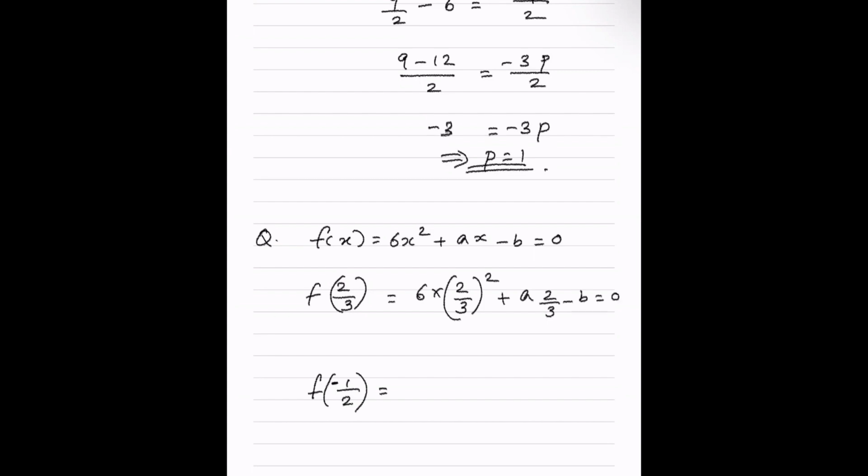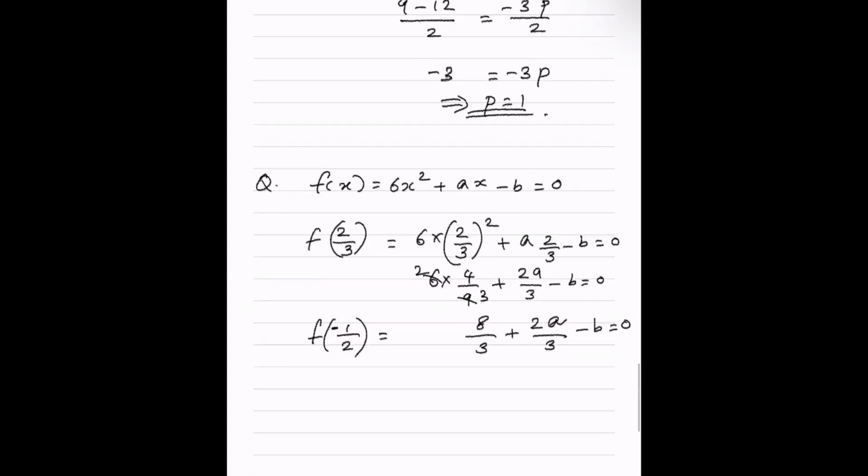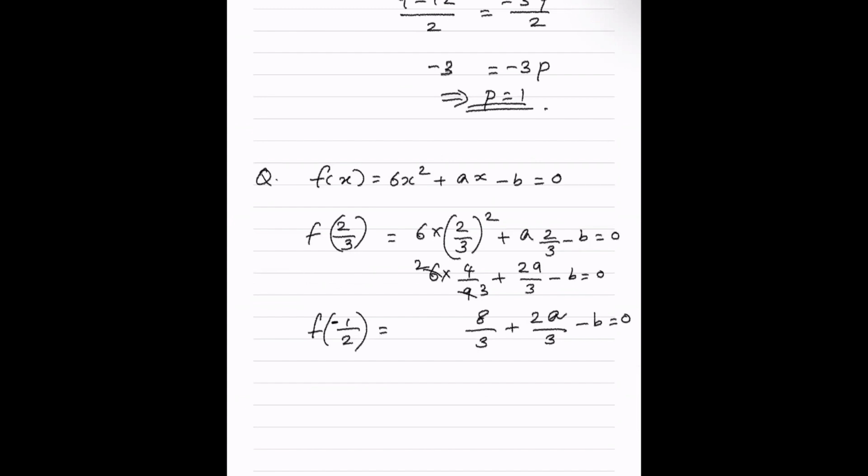It gives me, after cancelling the required things, 4 by 9 plus 2a by 3 minus b equal to 0. Okay, this is 2, this is 3. I'm getting 8 by 3 plus 2a by 3 minus b equal to 0. This I am going to write as 8 plus 2a minus 3b equal to 0.